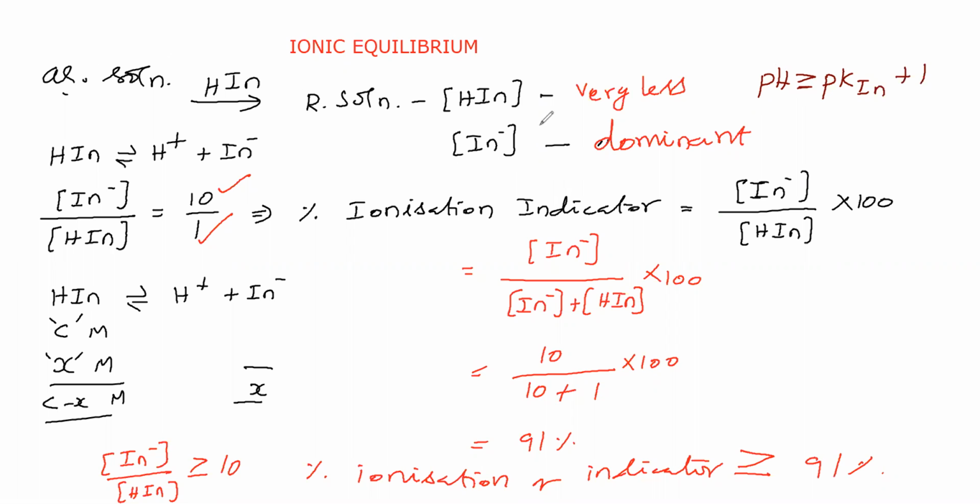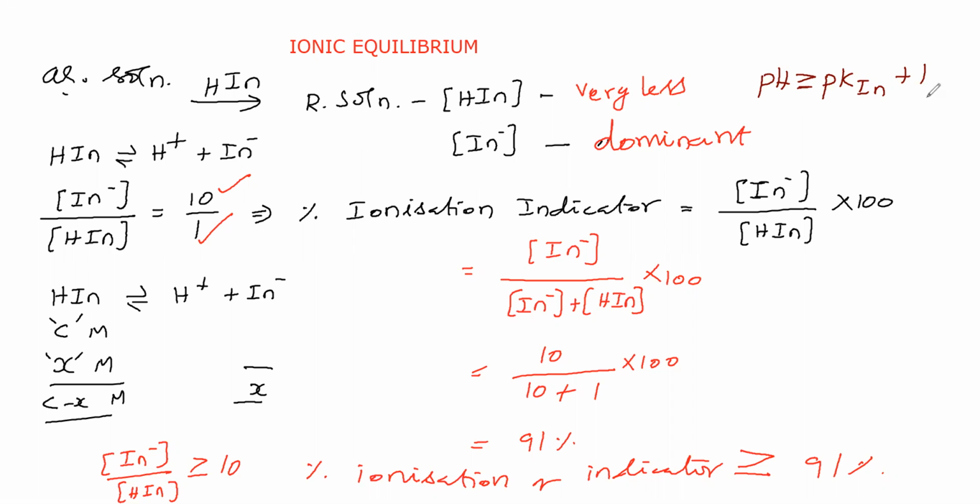So now we will see when the resultant solution will show the color of HIn. Okay, we have seen so far the conclusion: the resultant solution will show the color of In minus form if the pH of the aqueous solution is greater than or equal to pK indicator plus 1.